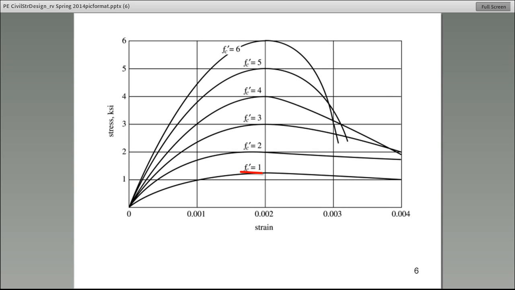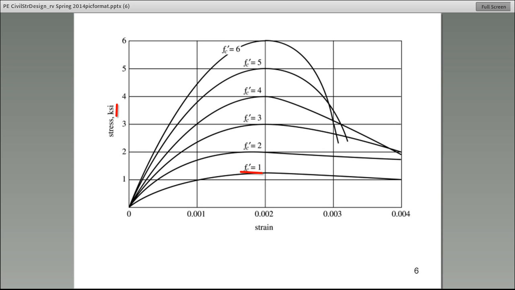So you can see, it says F prime C is equal to 1. The 1 has the unit of KSI, kips per square inch. All right? So 1 kip per square inch is equal to 1,000 psi. And F prime C designates the compressive strength of that concrete.